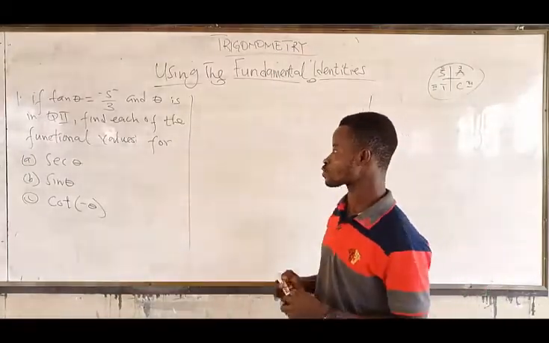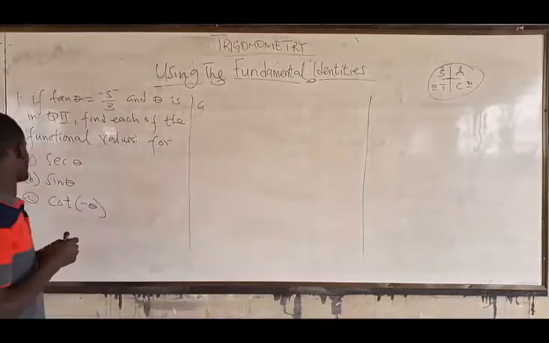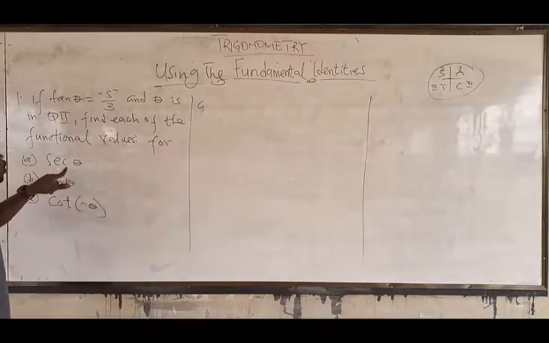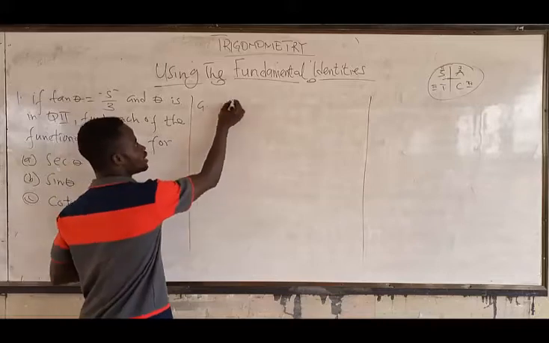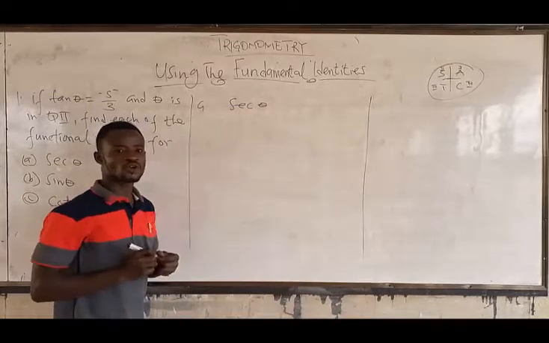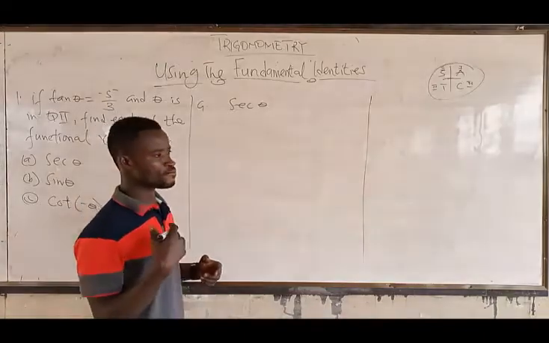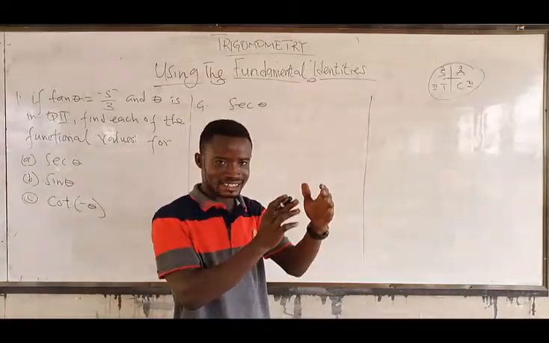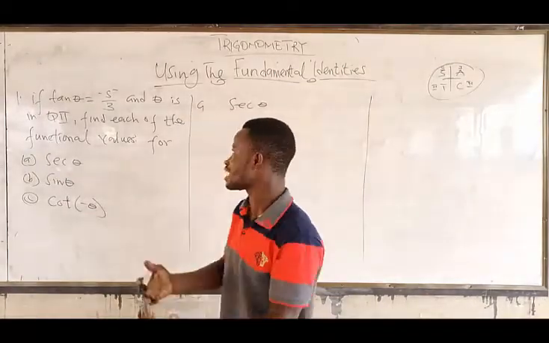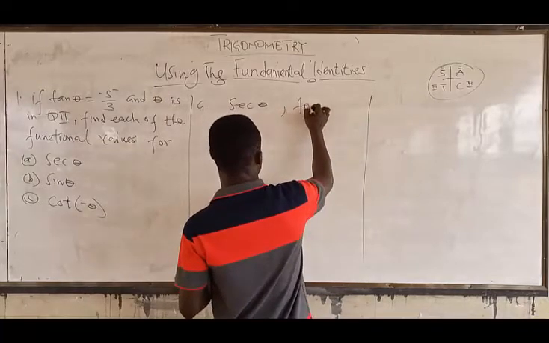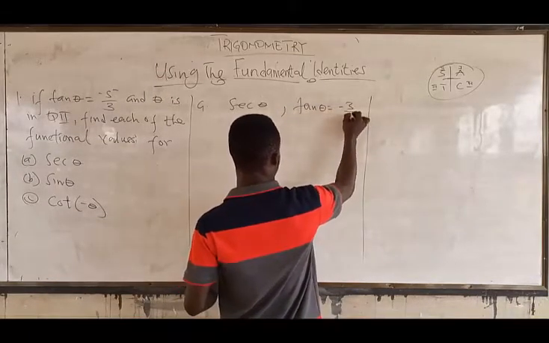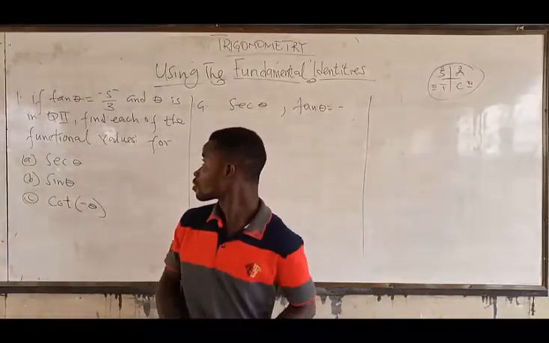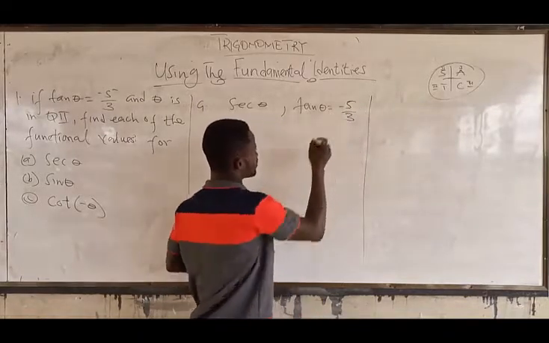Very good. So now let's go for the first one. A, sec theta. So don't forget, we are working in the second quadrant. So we are going to work sec theta in the second quadrant. So we go for a fundamental identity that is going to link up with sec theta so that we can find it. And don't forget that we have tan theta already to be negative 5/3.